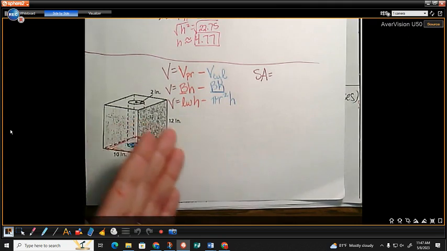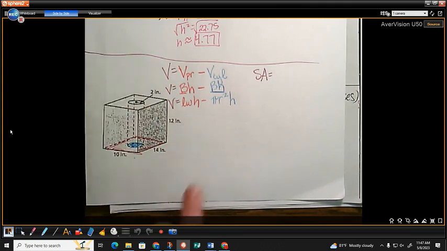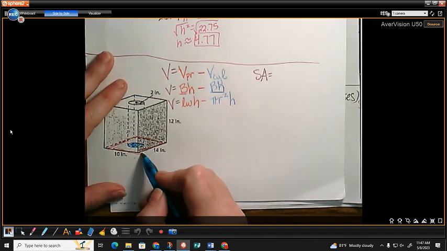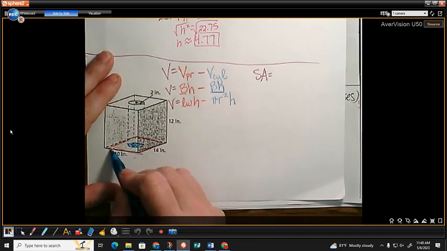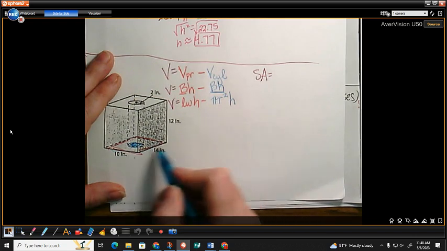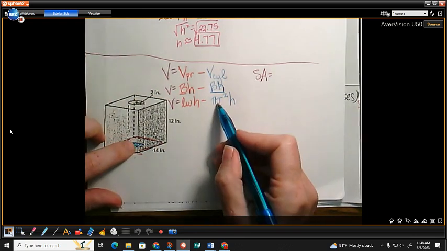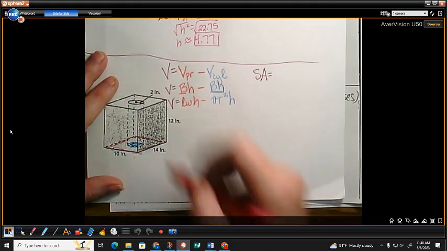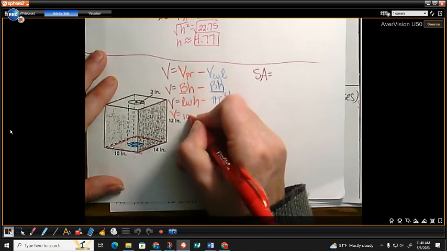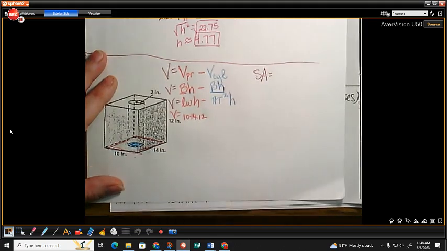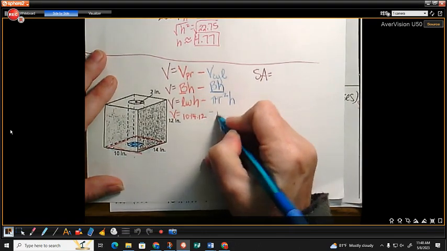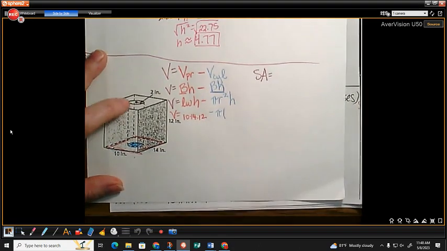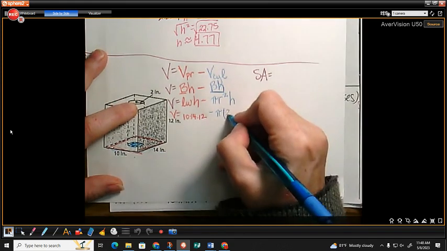Now, since I'm doing a rectangular prism and I'm having to do area anyway, I think I'm going to have the base here be the base that the cylinder's also on. I'm going to do the bottom here, okay? And so this one would be 10 times 14 times the 12. And then what is my radius? 2 squared.